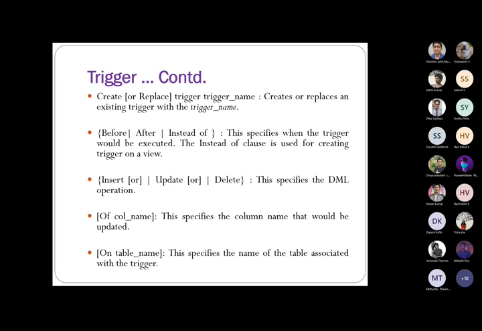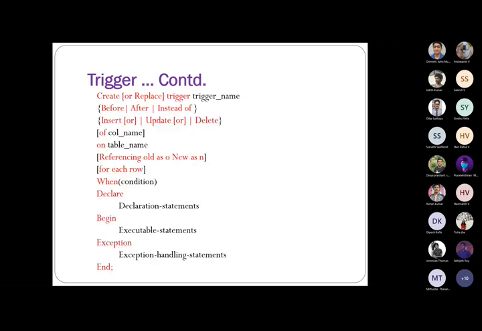This specifies the DML operation. Of column name specifies the column name that would be updated. On table name specifies the name of the table associated with the trigger. So create or replace a trigger, trigger name.